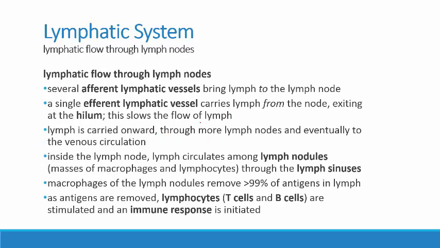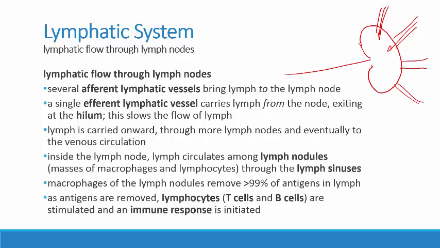So if we were to draw a lymph node, bean-shaped, we'd see that there are multiple vessels that bring lymph into a lymph node. Those are the afferent vessels.